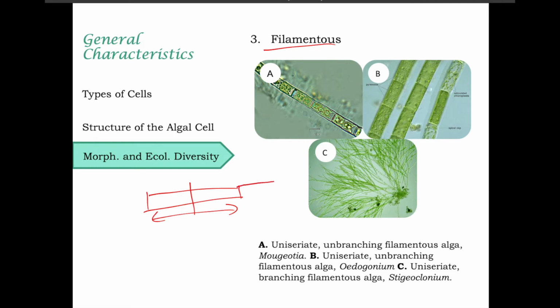So when this one grows again and divides, they are attached to what we call the transverse cell wall. So since they are attached via the transverse cell wall, they form an elongated single chain thread-like structure. That's why they are filamentous in nature.